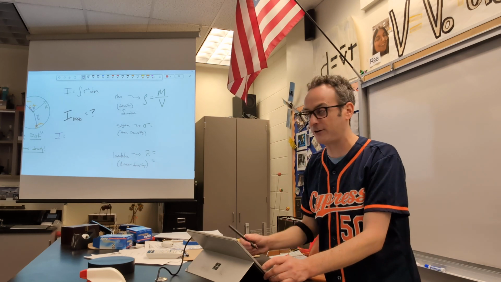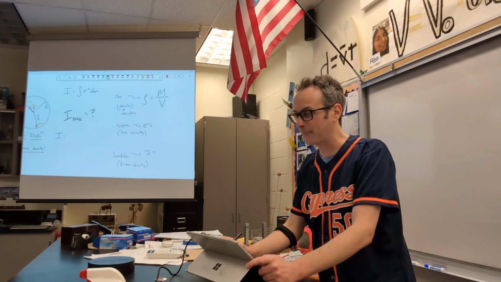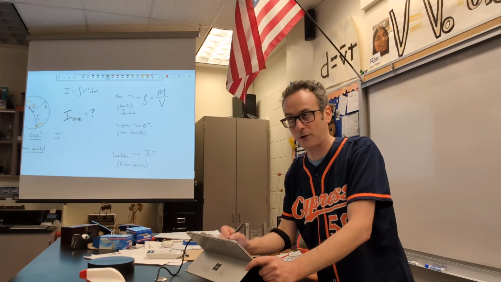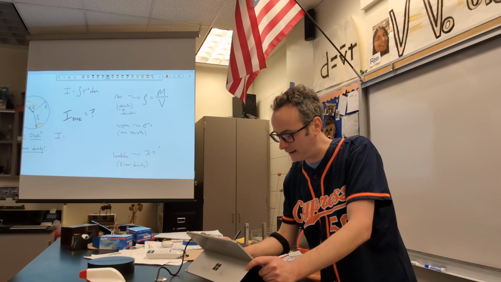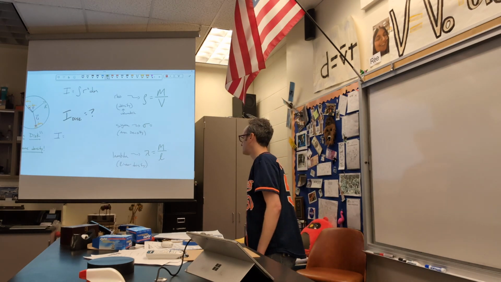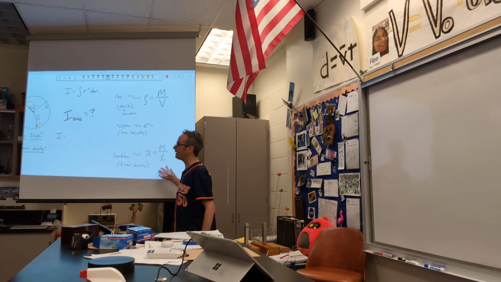That tends to be the notation that College Board uses. When I learned linear density, I used mu, whatever, so they don't always have to be the same. That's the amount of mass per unit length. That's volumetric density; this is linear density.